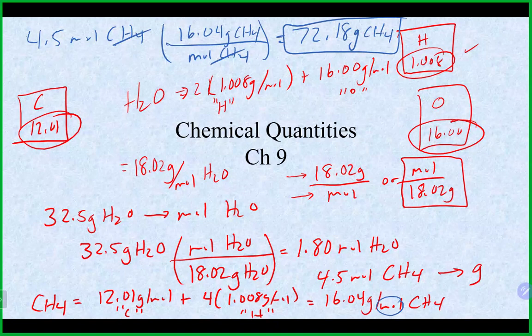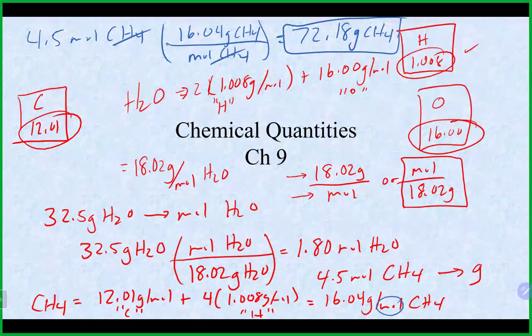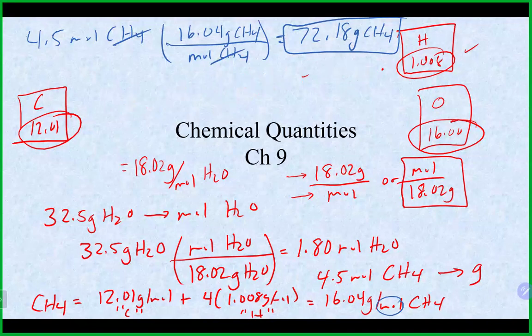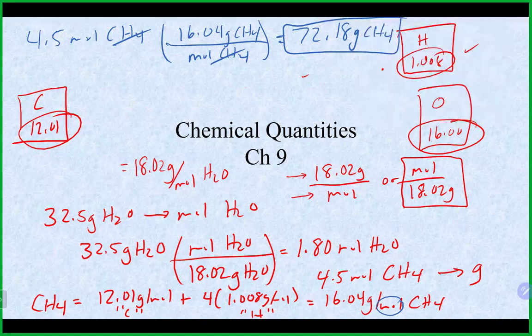It is also important to remember that a very common error that people make when they do molar mass is when they look, say, at an equation. So they look at a balanced equation.